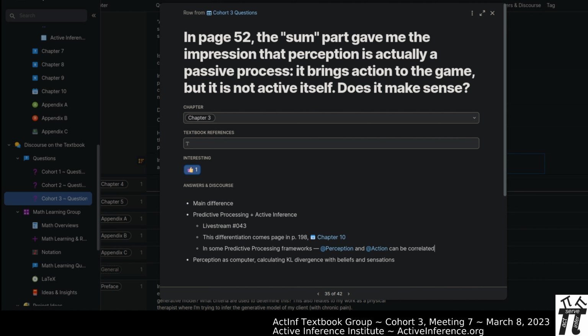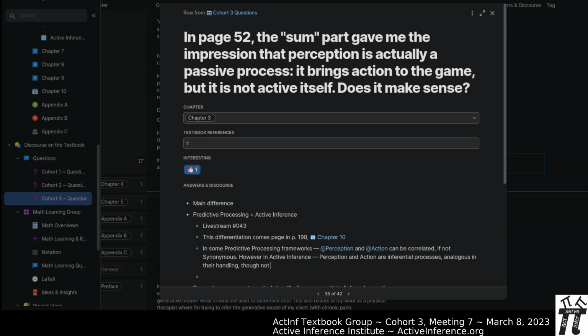But in active inference, there's this subtle distinction that says both perception and action are inferential processes. So they are just analogous in terms of being this kind of inferential process. So they're not exactly equivalent to each other as some predictive processing advocates may claim.